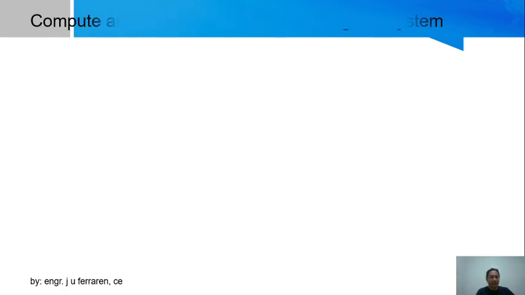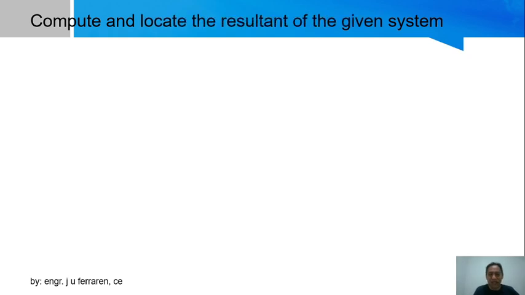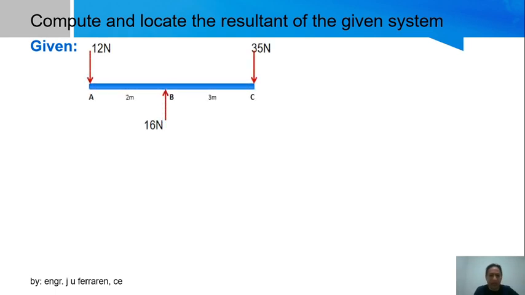Okay? So, compute and locate the resultant of a given system. Here are the forces acting over the body. What is the magnitude of the resultant? It is simply an algebraic sum of the forces acting vertically on the body. Downward, as agreed earlier, is negative.